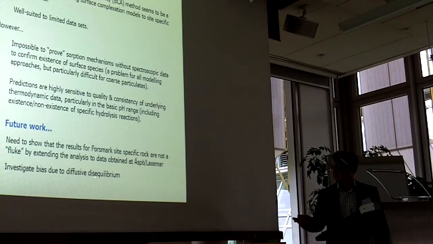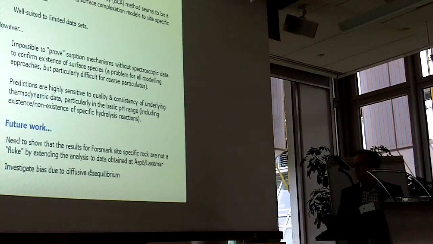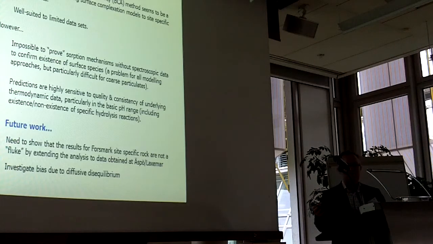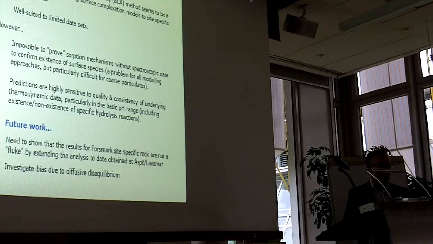And then also an uncertainty which I haven't mentioned yet, but I could do an entire new presentation on if I needed to, is possible bias due to diffusive disequilibrium. Solutes that sorb differently in terms of their KD will also diffuse differently. So some solutes will be more equilibrated than others, which will give you a bias in your estimation of the weights fitting the system.